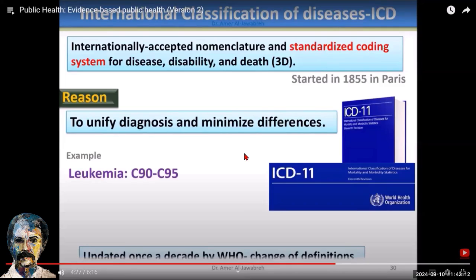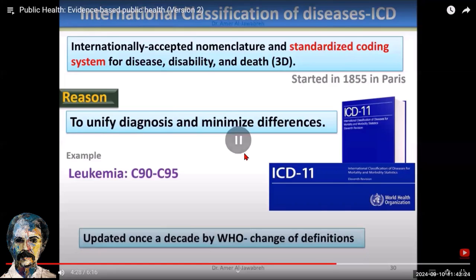The definition includes symptoms, treatment, diagnosis, and all of these. And it's updated by WHO almost every decade, 10 years, sometimes 15 or 20, but 10 years. So I remember when it was ICD-9 in 2000, then ICD-10, then now it's ICD-11.